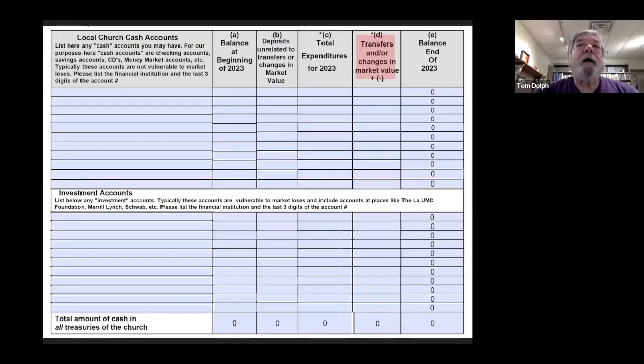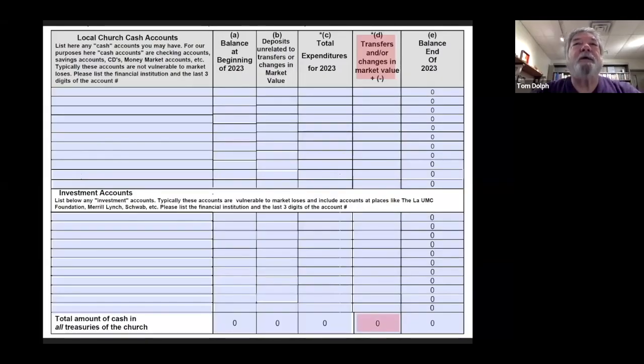Theoretically, this column, except where it represents market loss, should total zero. The reason for that is if you're taking it out of one of your accounts, it should go into one of your accounts, in most cases.